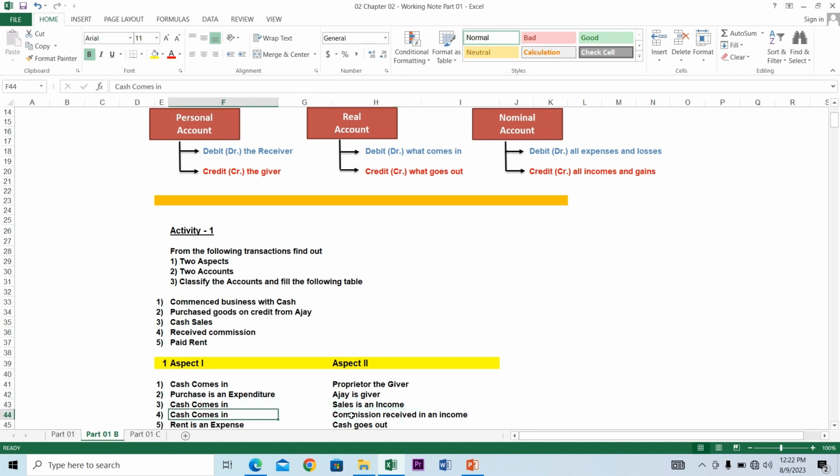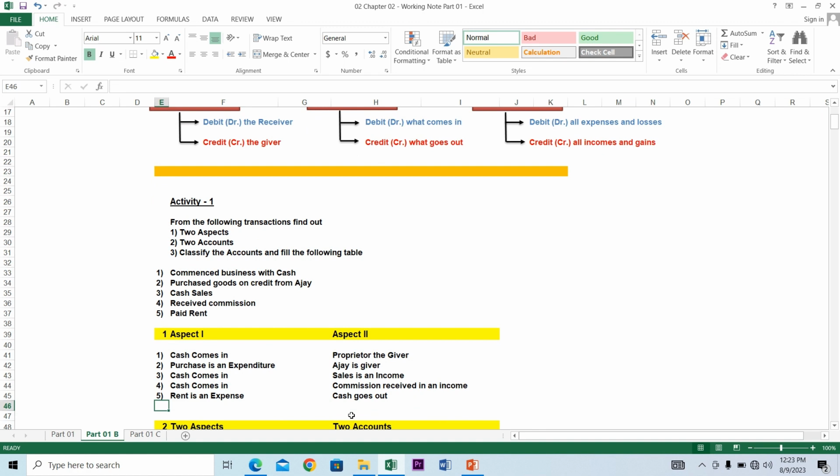Then the fourth point, received commission. Aspect 1 is cash comes in, and aspect 2 is commission received, an income. Then the fifth point, rent paid. Aspect 1, rent is an expense. Aspect 2, cash goes out.